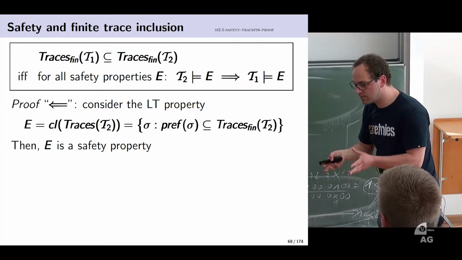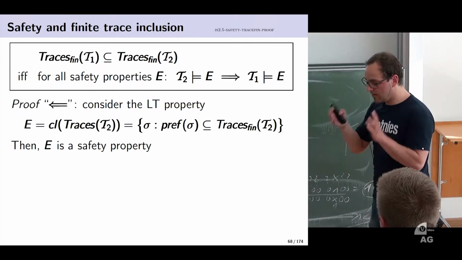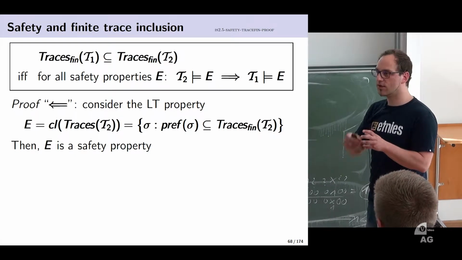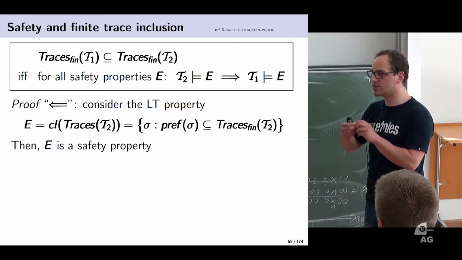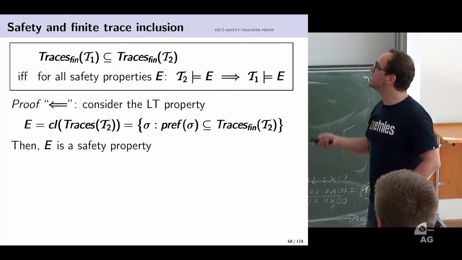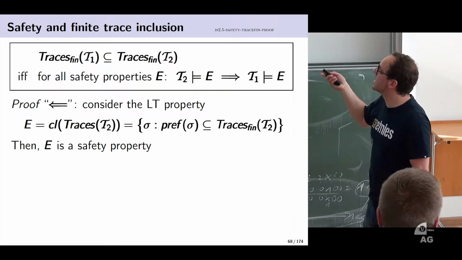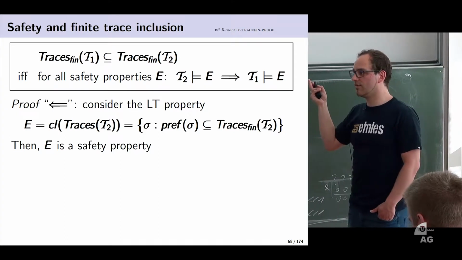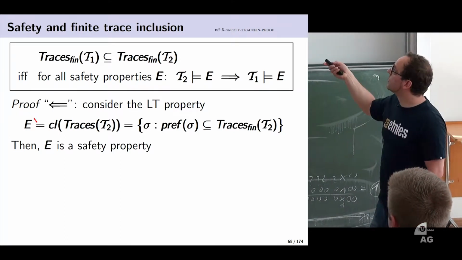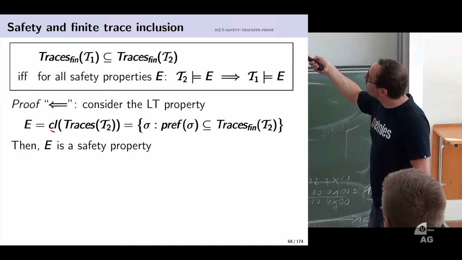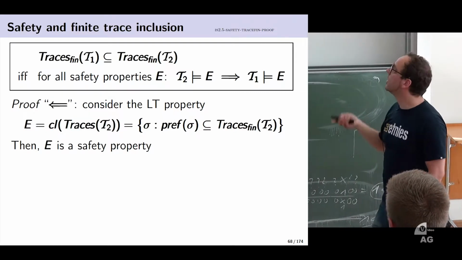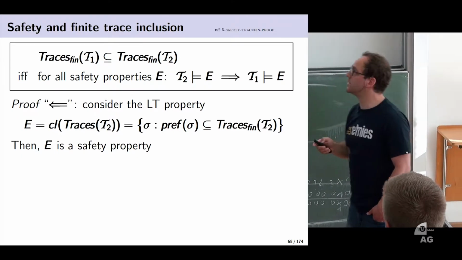So if you apply the closure to some set of infinite words, and you apply the closure again, it's going to be the same thing. No matter how often you apply the closure, it will stay the same. And this is exactly the characterization we had for safety properties. Remember, we have that the closure of the closure of traces of T2 is the closure of traces of T2, and therefore E is a safety property.